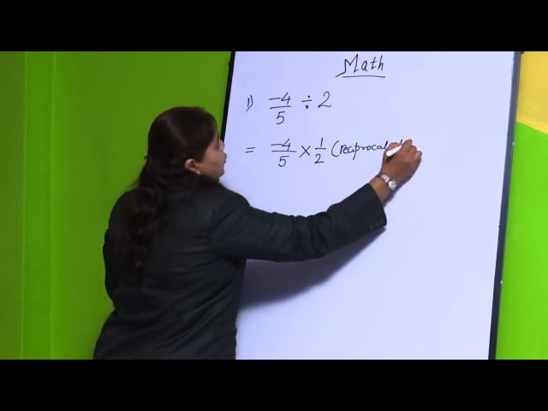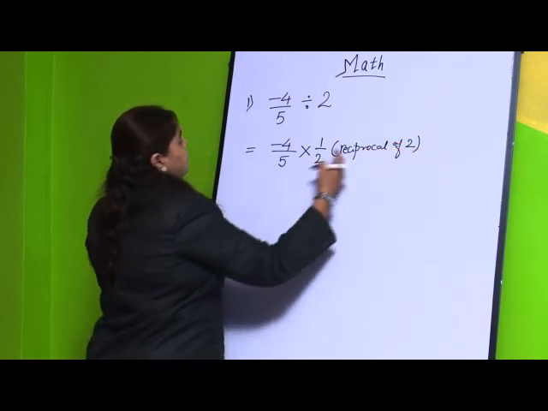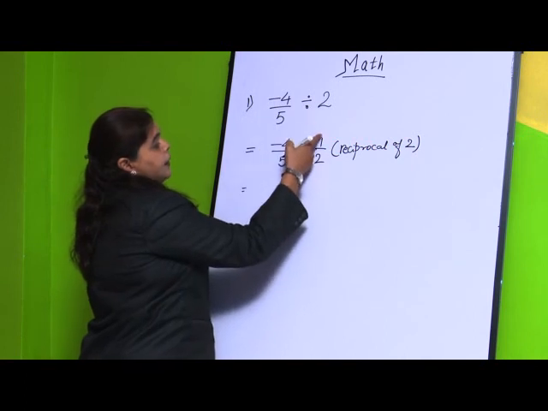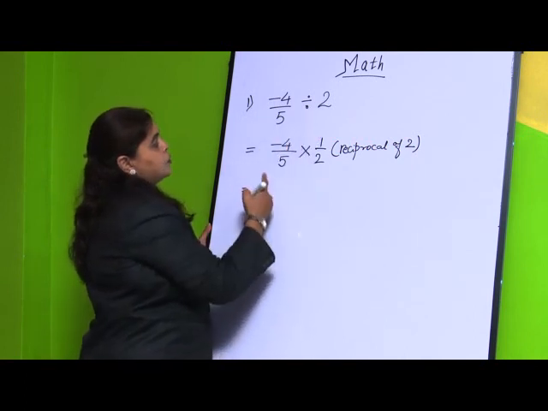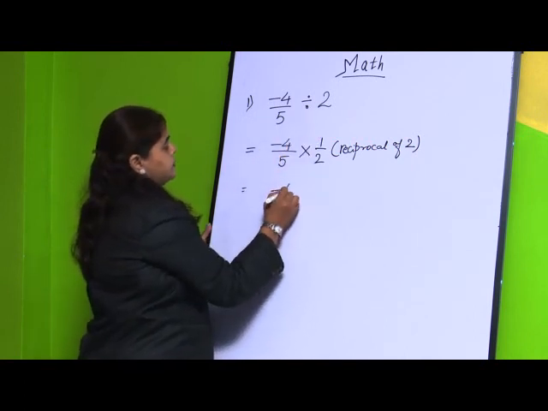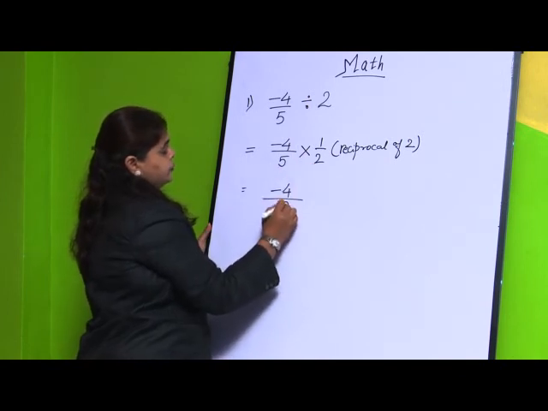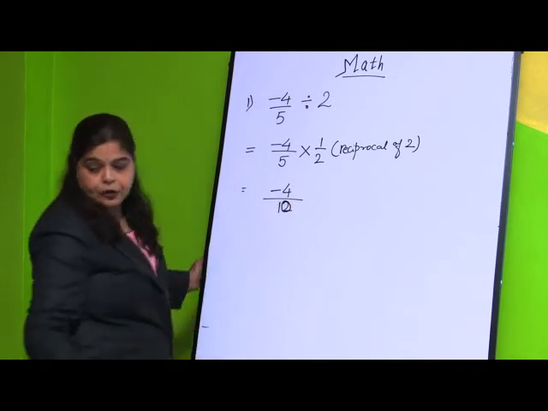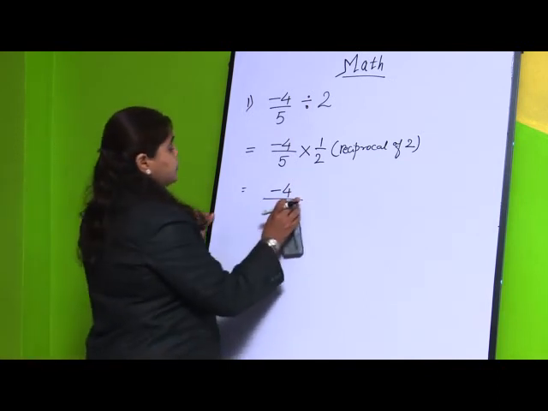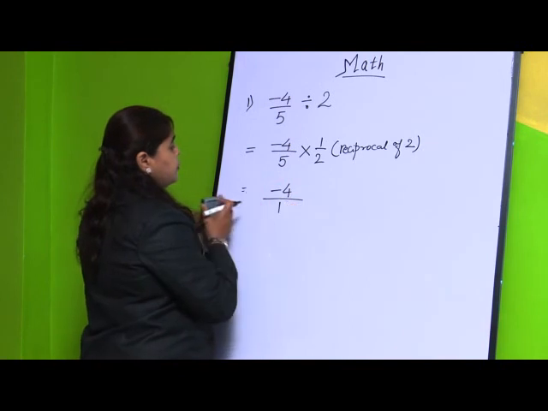Now you know we have to multiply numerator to numerator. So the multiplication is minus 4 upon 5 times 2: 5 twos are 10. If it is possible to reduce, we have to reduce it.